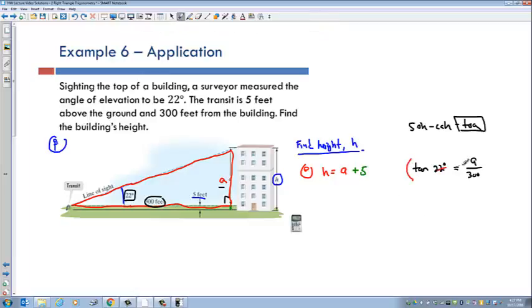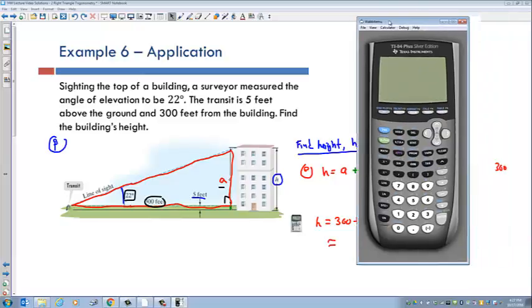So we multiply both sides by 300, and we get 300 tan of 22 degrees is equal to a. And so now I know that h is equal to 300 tan of 22 degrees plus 5, and this should be in feet, which is approximately, so let's go to my calculator to check it out.